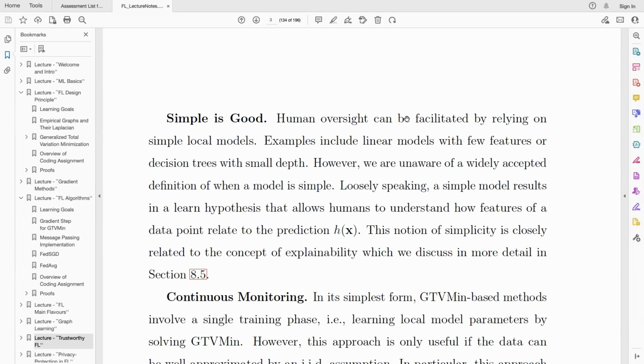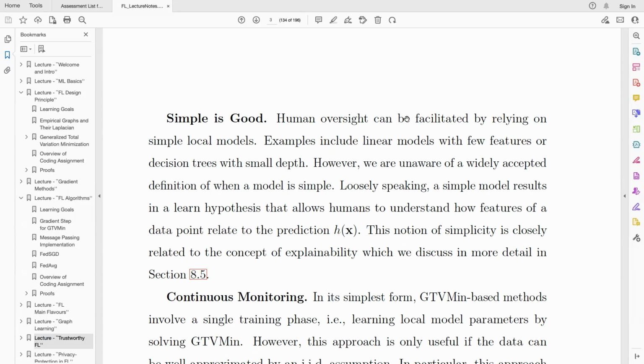That's why I took it in my examples, because it's also good for human agency and human oversight: we humans might have some understanding or intuition of how a linear combination works. However, this is not a precise definition, because a linear model using 1 billion features is not interpretable. It's not simple. For me, it's completely opaque. A linear model where you feed in 1 million pixel red, green, blue values, and where all of the weights are non-zero, is hardly interpretable.